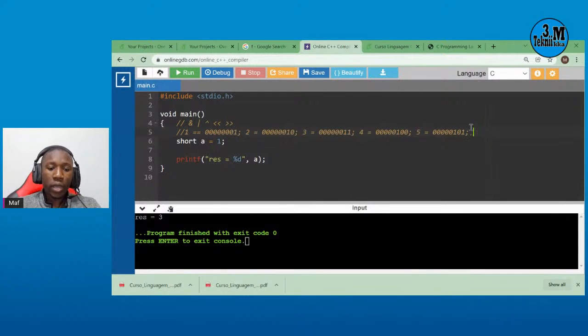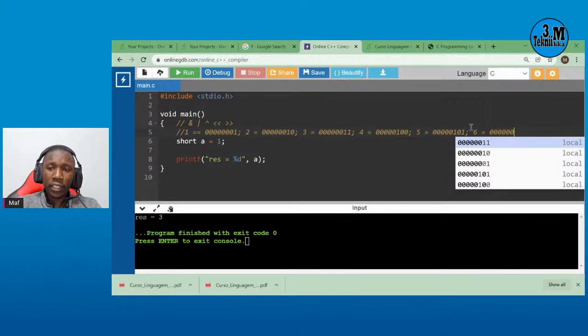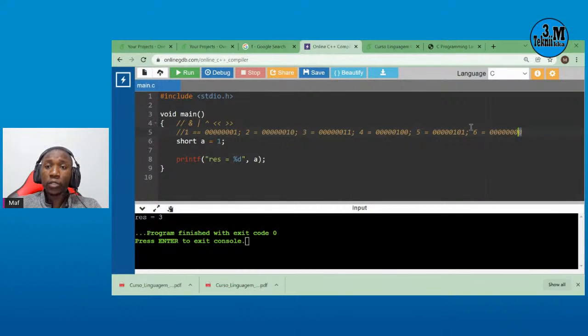Okay, and we have 6, which is something like 1, 2, 3, 4, 5, 6, 7, 8. And we have, this is 1. This is 2. This is 4. Sorry, 1, 2, double. This is double 2, which is 4. This is 8. Okay. But we don't need 8.